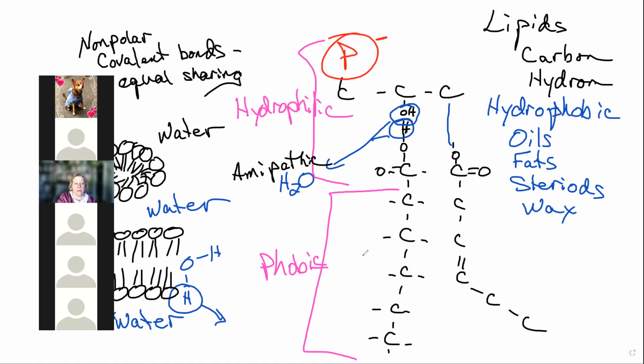Does that answer your question? Yeah. In this class, we're not going to distinguish between elements and compounds and that kind of thing. We're going to stick with atoms, molecules, and biomolecules, which are big molecules.